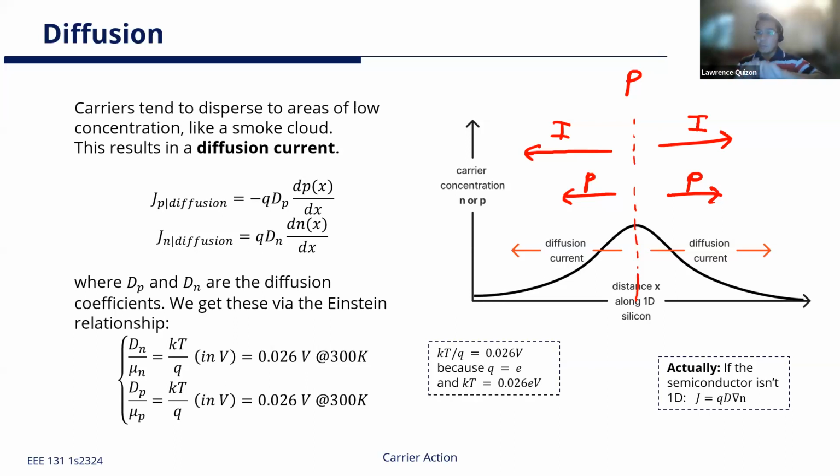So depending on your carrier, the diffusion current actually changes in direction because their charges are different. All right. So I hope that one makes sense.